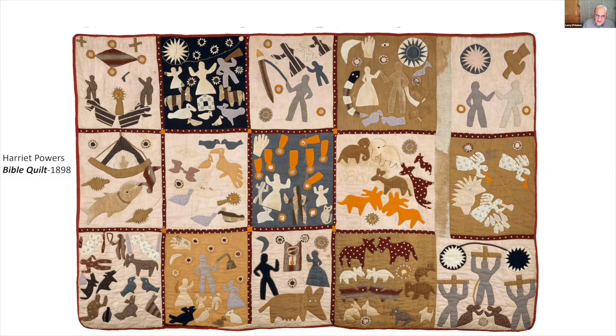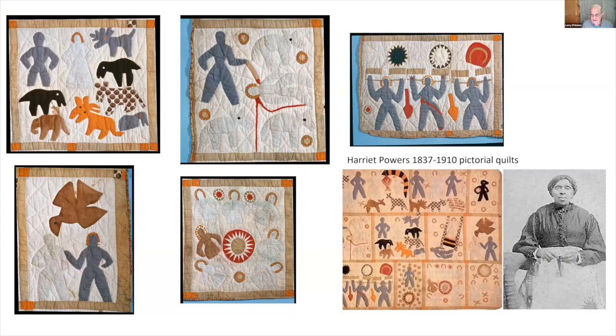She was literate, so there were a lot of letters where she talks about creating these quilts and how proud she was of her artistic achievement in what she was doing with these pieces. And here's some details.